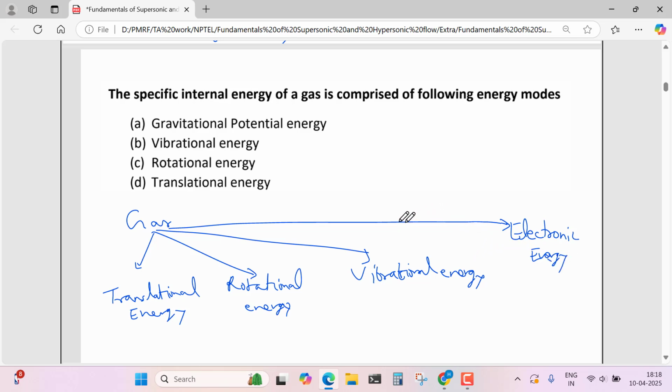So in this problem we see translational, rotational and vibrational all are energy modes of specific internal energy. Gravitational potential energy is not an energy mode. One thing to note is that all these modes will be present for molecules. For an atom, the rotational energy and vibrational energy will be 0.